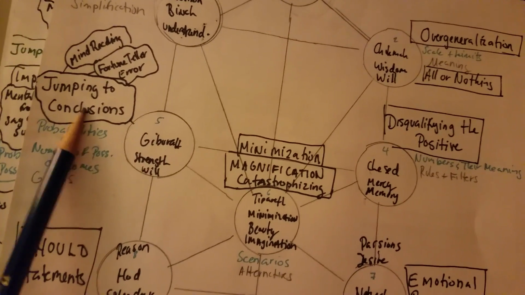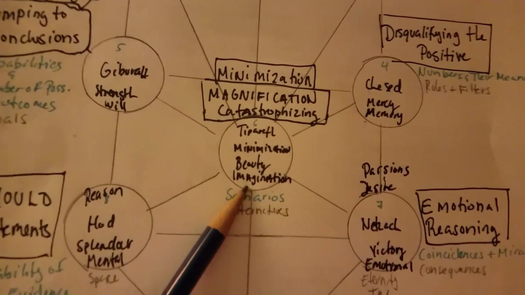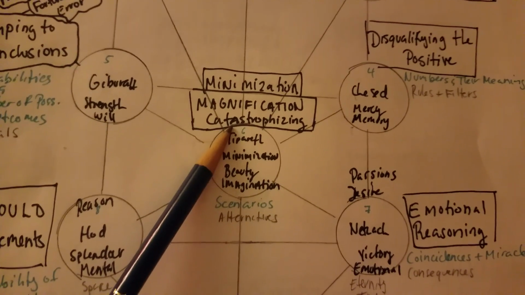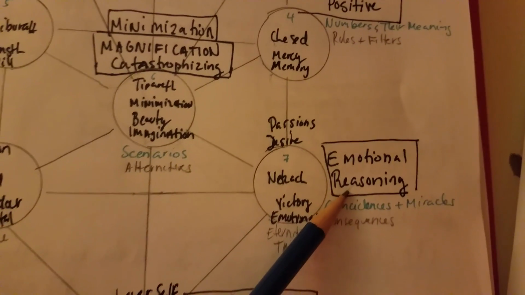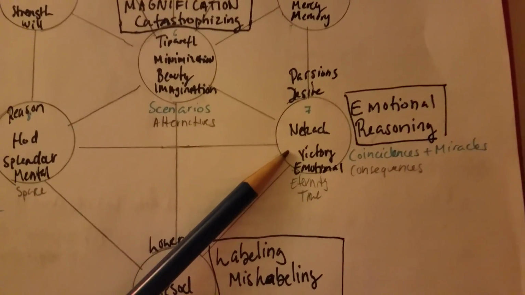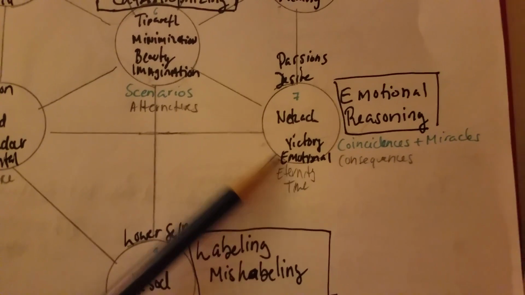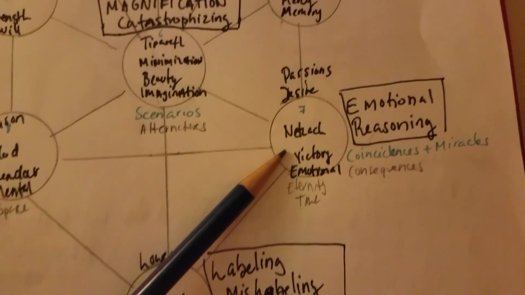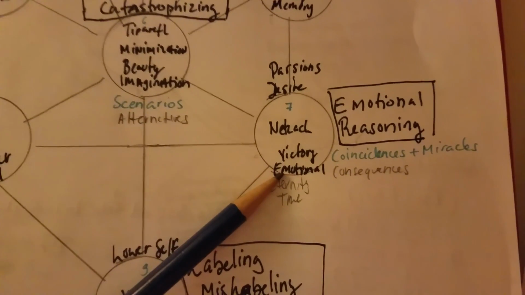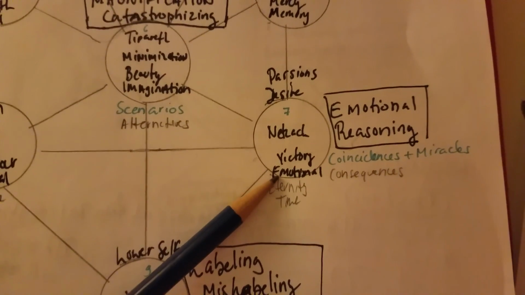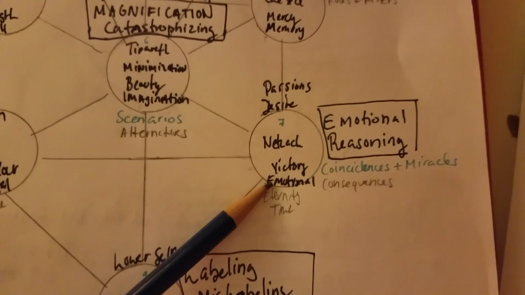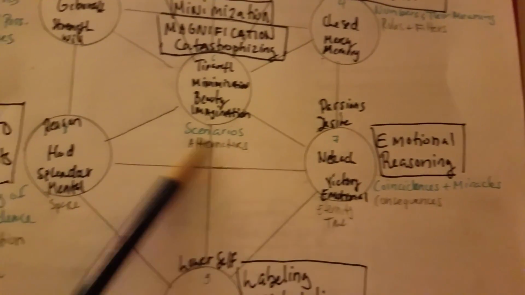Next, jumping to conclusions, minimization or magnification or catastrophizing, and emotional-based reasoning. Once again, in the Kabbalistic tree, Netzach, which is the Hebrew name for it, corresponds to the emotional part of our psyche in psychotherapy and psychology.